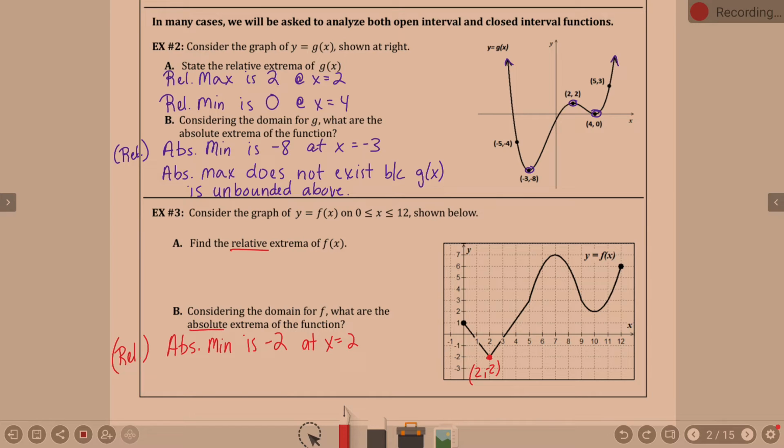What else? Oh my gosh. 7, 7. And what is 7, 7? Absolute max. Okay, absolute max. It is the highest there, so absolute max is 7 at x equals 7.